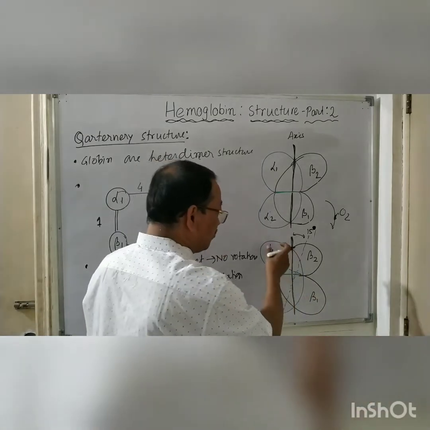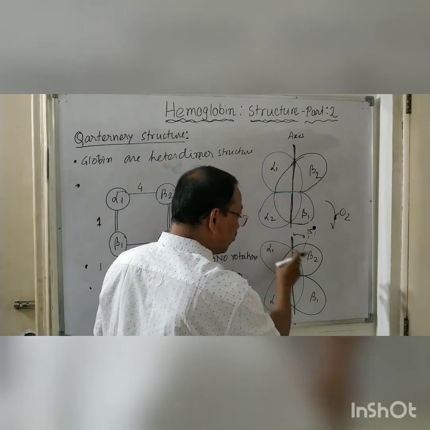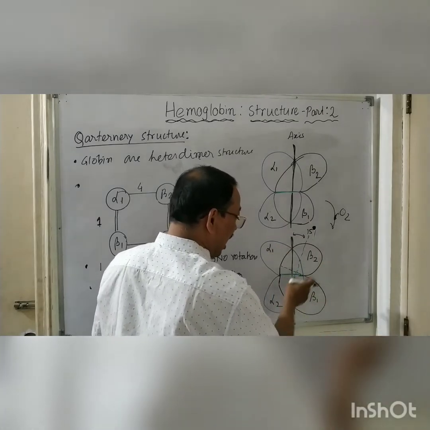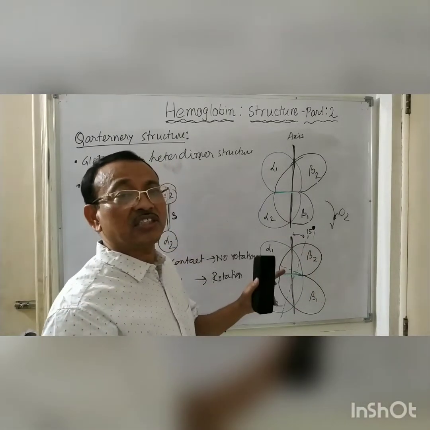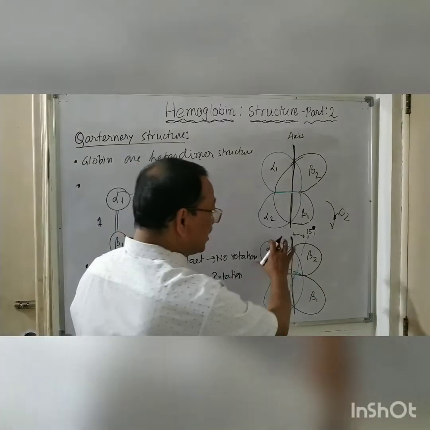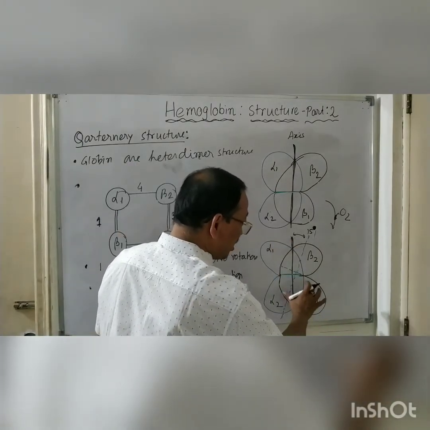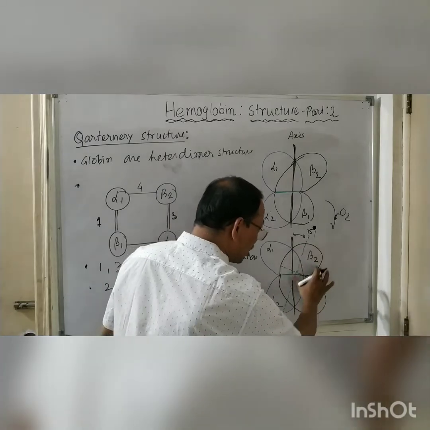Whereas the specific heterodimers, that is alpha 1 beta 1 and alpha 2 beta 2, remain unchanged. This dimer position is changed with respect to the alpha 2 beta 2 dimer. So this is about the quaternary structure of the hemoglobin molecule.